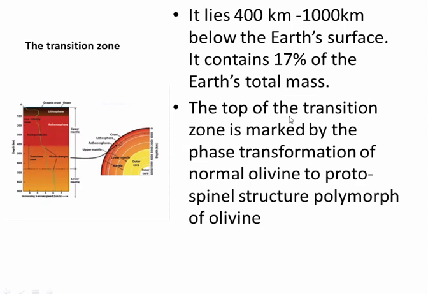The top of the transition zone is marked by a phase transformation of normal olivine to a spinel structure, or what those in geochemistry call polymorphism. There is polymorphism, where there is a transformation from the normal olivine.